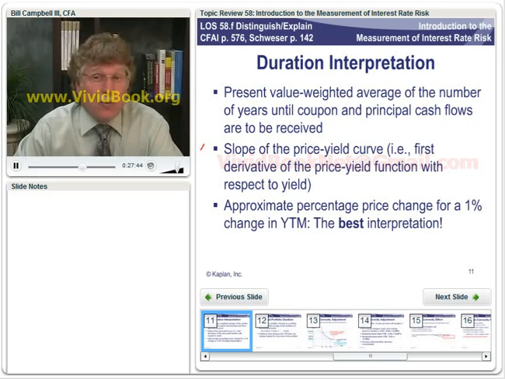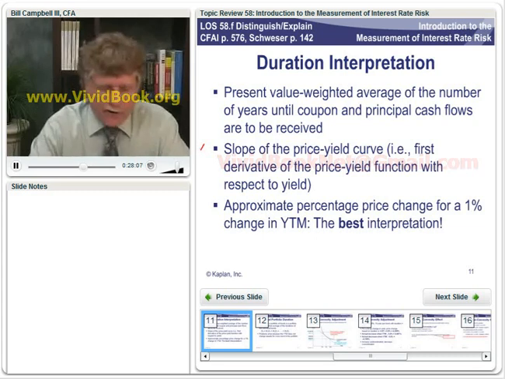The slope of the price yield curve would tell you the approximate dollar price change in your bond. But duration doesn't tell you the dollar price change. It tells you the percentage price change. So really what they should have done, I want you to write one last phrase down here.